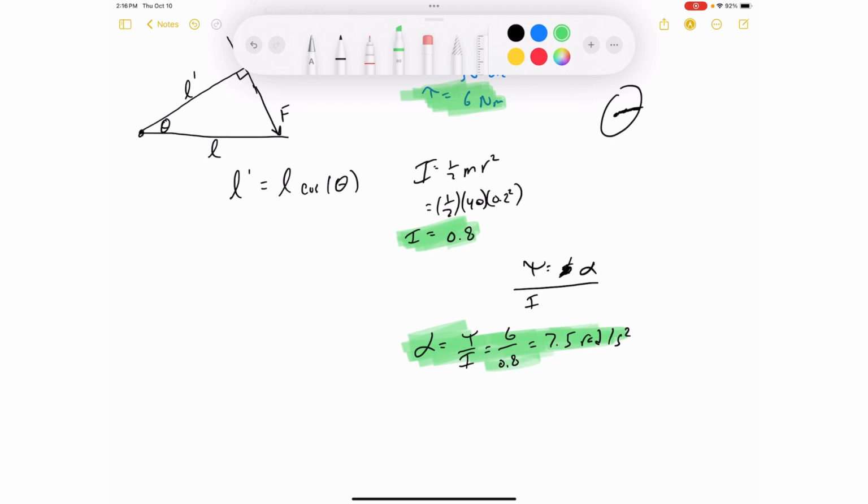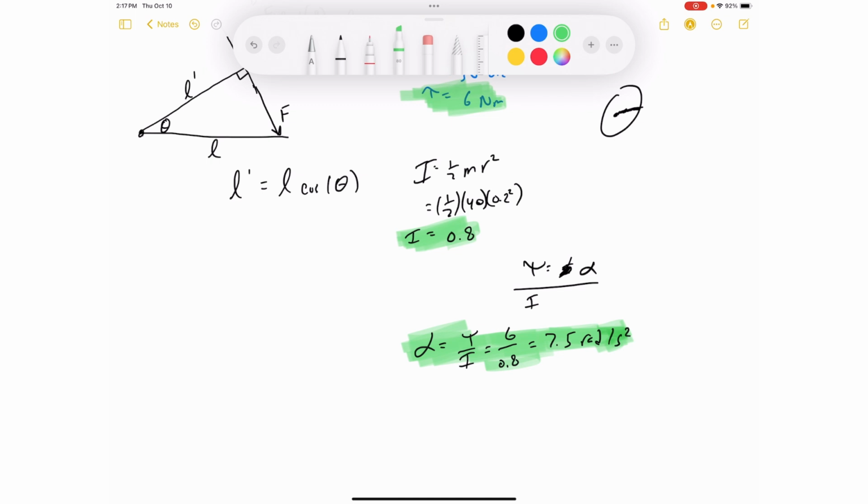Now, that's how many radians per second squared this thing is accelerating at, which is good, but I don't know its velocity. What I could do is integrate this. Remember, if you integrate acceleration, you find velocity. If you differentiate velocity, you find acceleration.